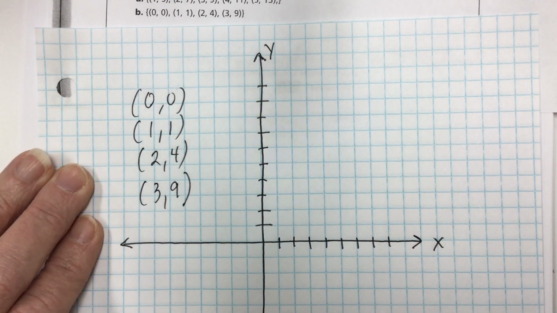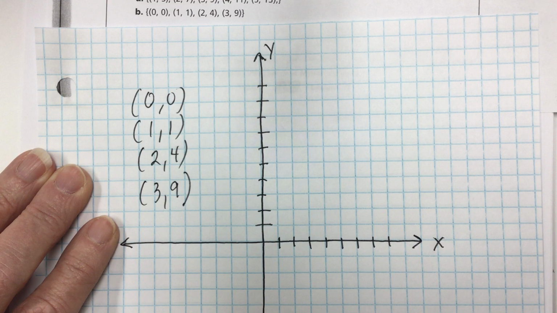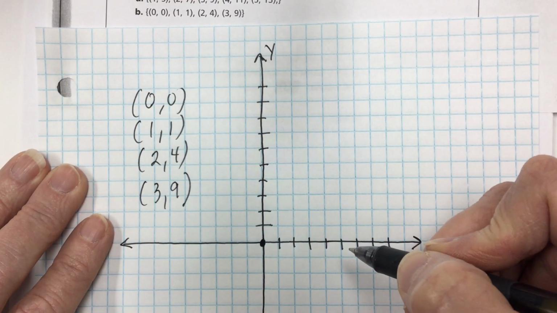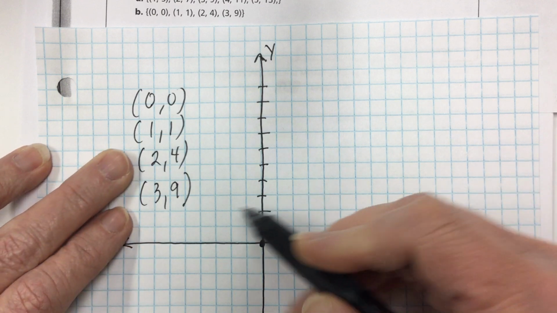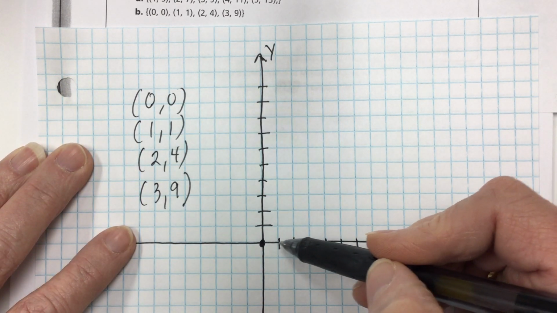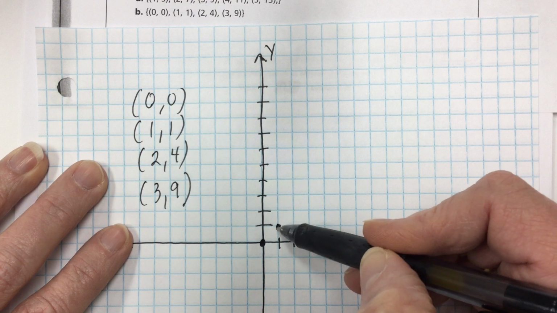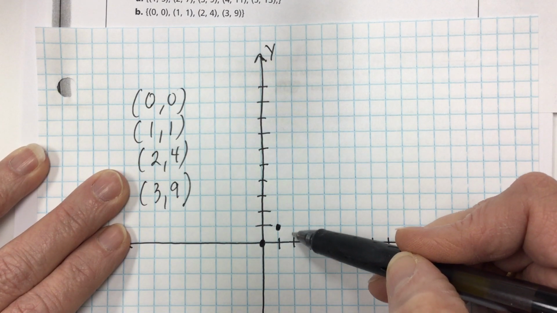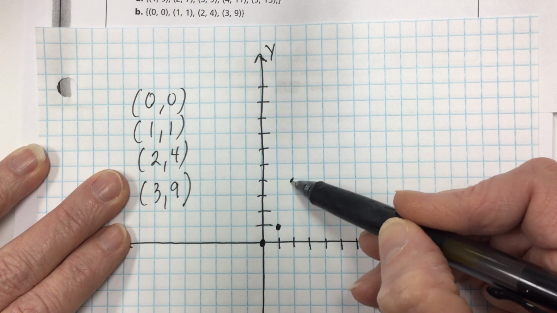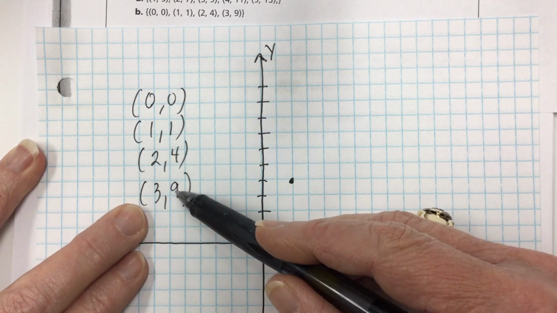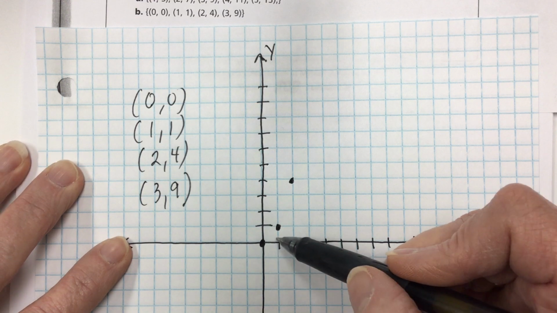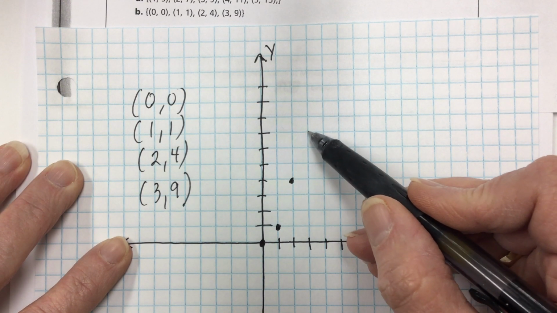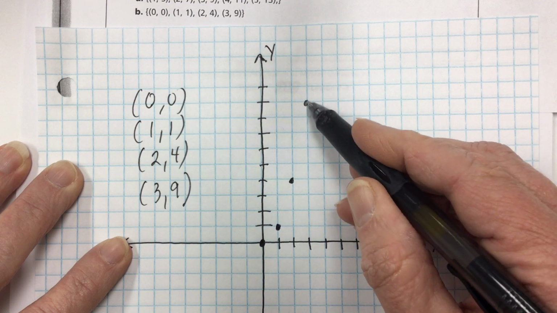So 0, 0, that's my origin. 1, 1 is to the right 1 and up 1. 2, 4 is to the right 2 and up 4. And then 3, 9 is to the right 3, up 9.